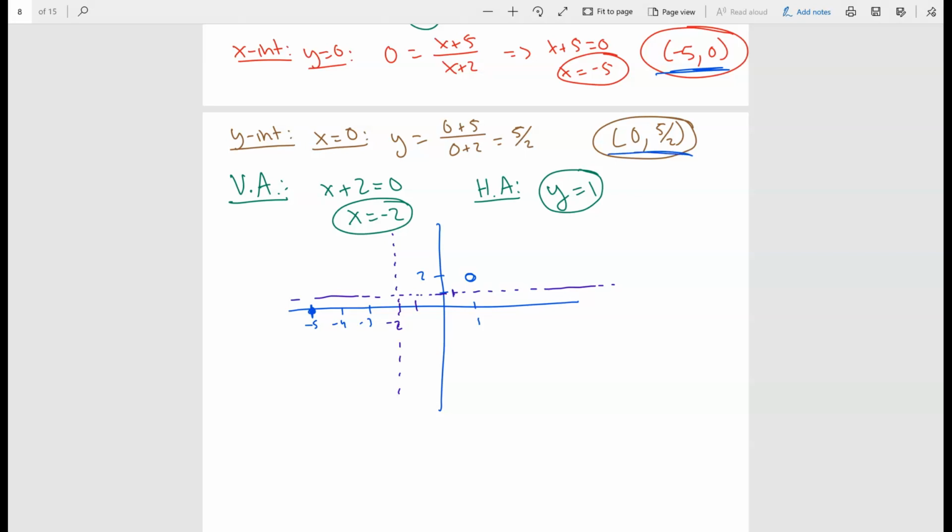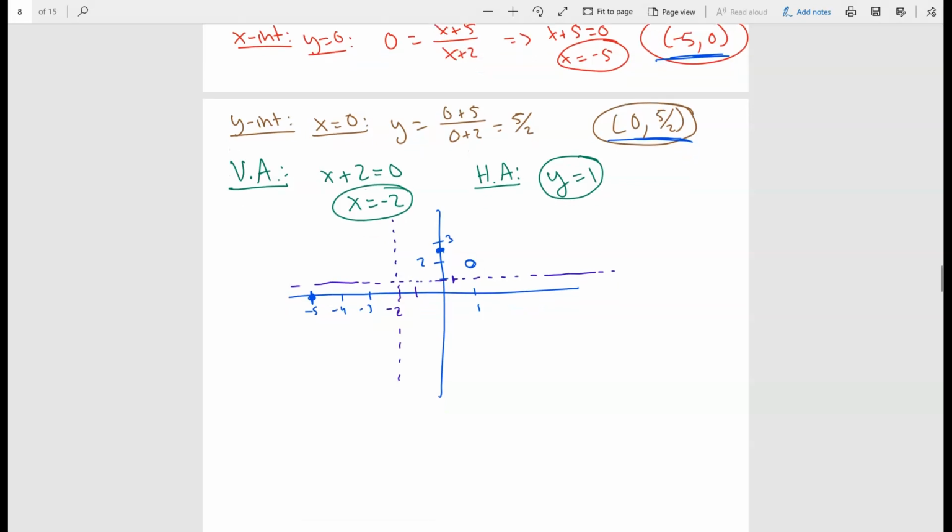Oh, here. 5 over 2, which is going to be 2.5. So that's my y-intercept. Right off the bat, you can already see what the graph is going to look like. It's going to go through negative 5.